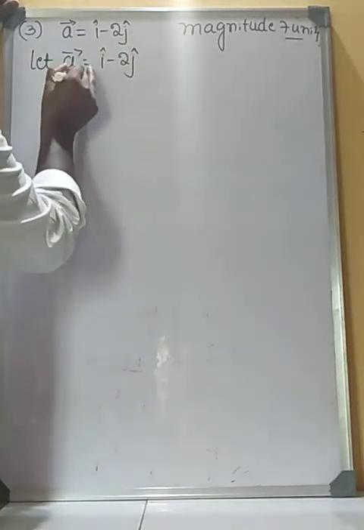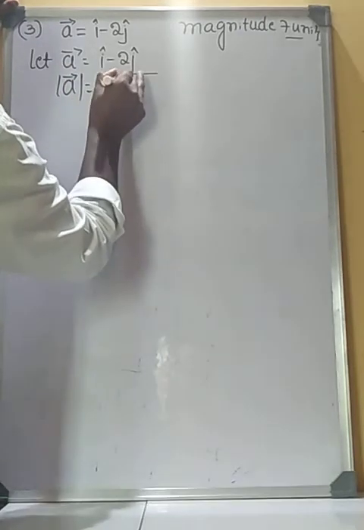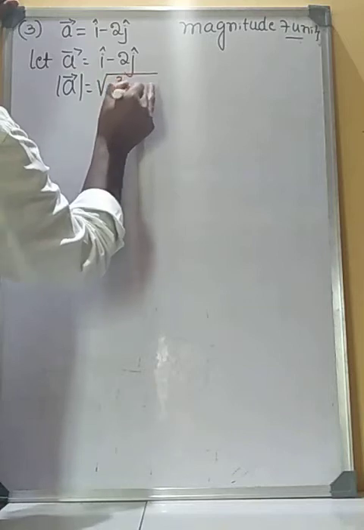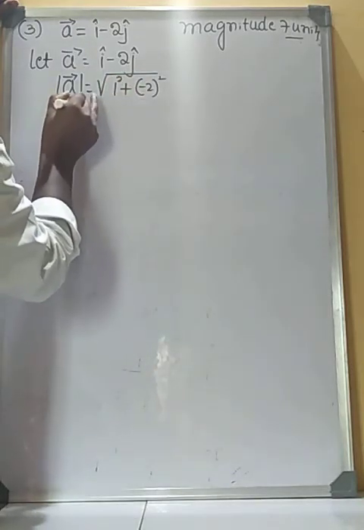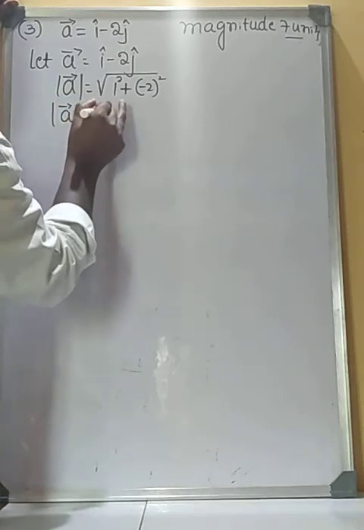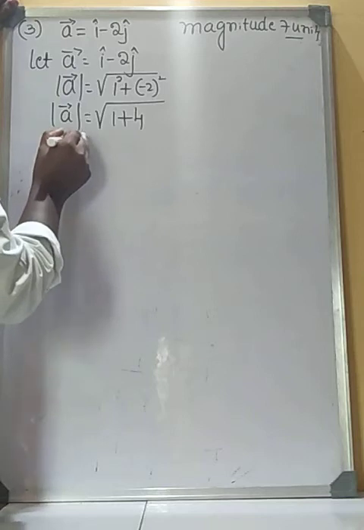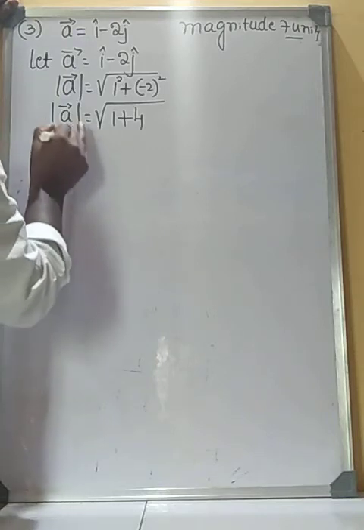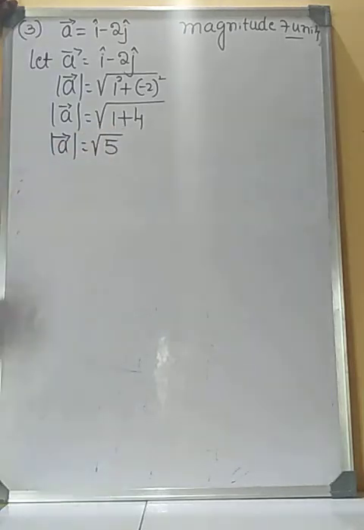Magnitude of vector A is equal to root of 1 square plus (minus 2) whole square. Therefore magnitude of vector A is equal to root of 1 plus 4, which is root of 5.